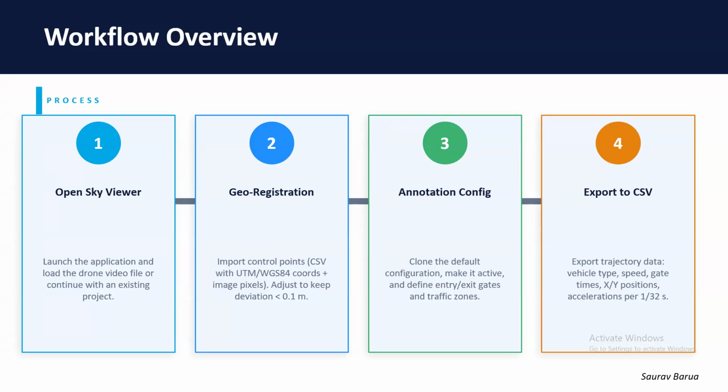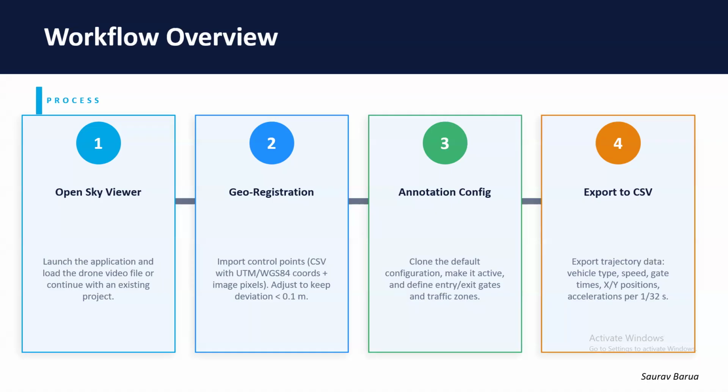Then I use geo-registration and import control points from a CSV file. It can be UTM or WGS84 coordinates, or given in pixels, and we have to adjust it so that the deviation is as small as possible. It is better to have less than 0.1 meter.